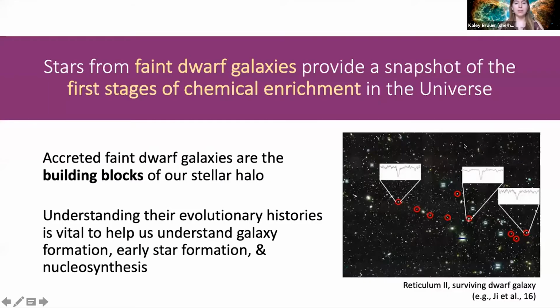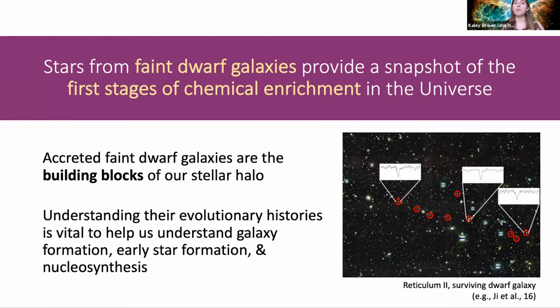The old stars in these really faint dwarf galaxies provide a snapshot of the first stages of chemical enrichment in the universe. We've seen a fair number of the surviving ultra faint dwarf galaxies around our own galaxy. Here's just Reticulum 2, for example. But also, of course, these faint dwarf galaxies accreted into the Milky Way and are the building blocks of the metal-poor component of our stellar halo.